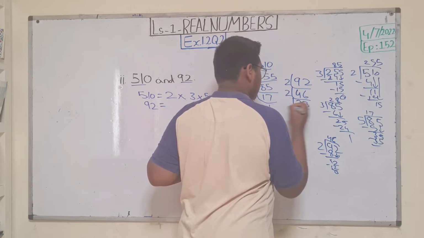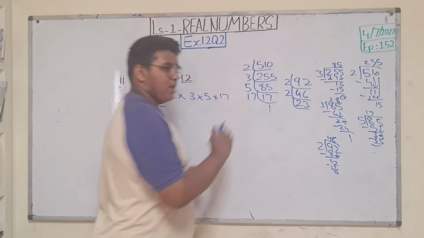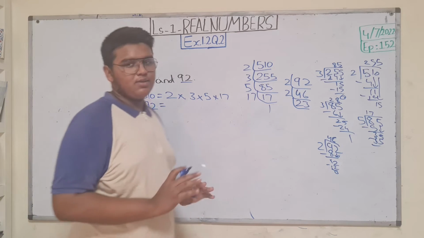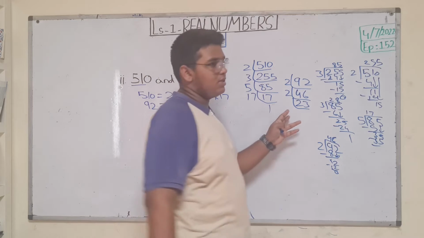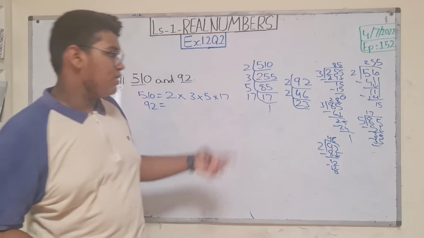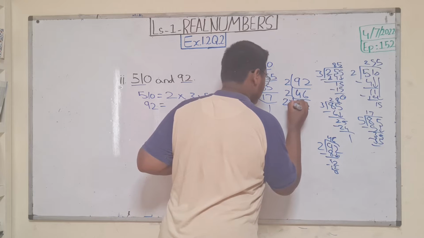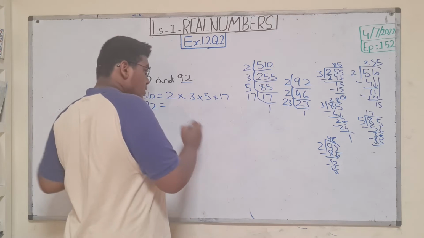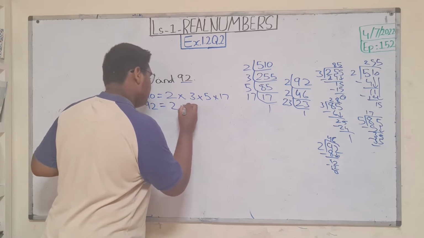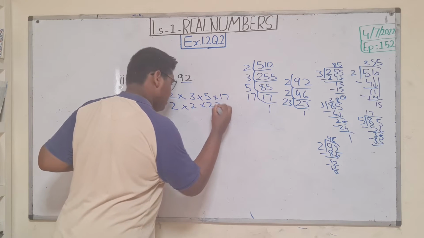Then 23 is a prime number, right? 23 does not come under any table, so we directly divide it by 23 and get 1. So here we can tell that 92 is equal to 2 into 2 into 23.